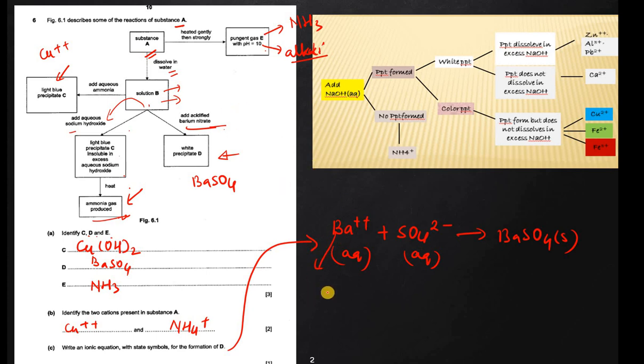So here they have given you a hint. If you want to write it in detail, I'll explain how I come to the conclusion from this part. So barium nitrate, Ba(NO3)2, plus sulfate, which is coming from the salt, it can be ammonium sulfate, (NH4)2SO4, and it gives you barium sulfate plus ammonium nitrate.